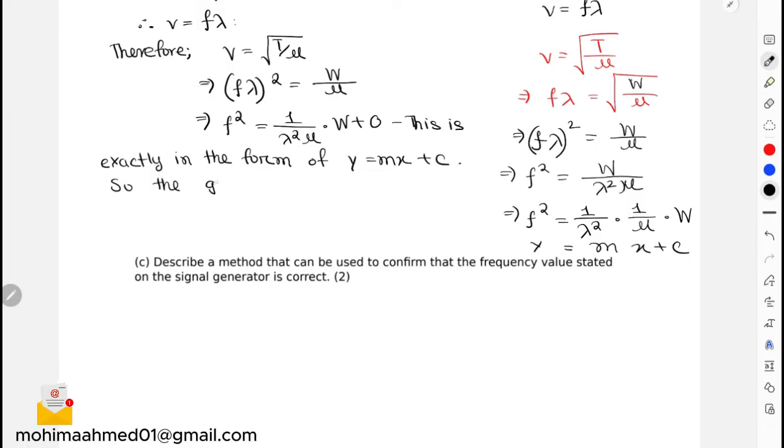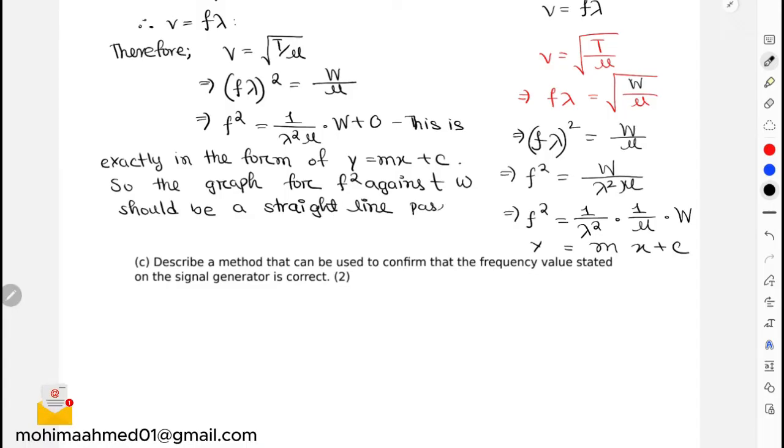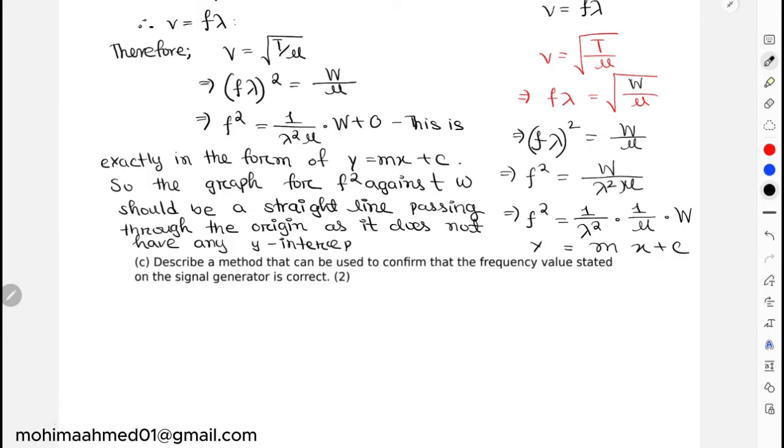So the graph for f square against w should be a straight line passing through the origin, as it doesn't have any y-intercept.